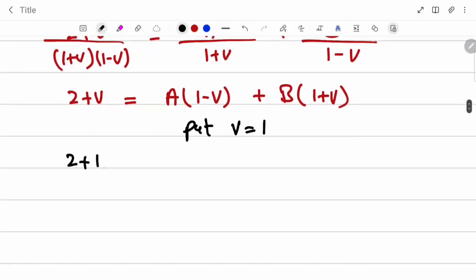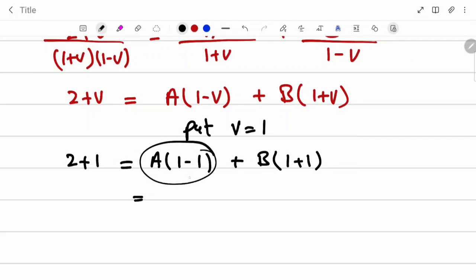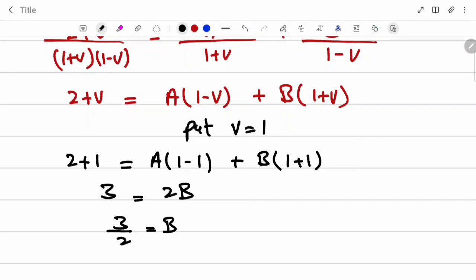So, we have 2 plus 1 equals a(1 minus 1) plus b(1 plus 1), and a is eliminated because 1 minus 1 becomes 0, so that becomes 2b. There we have 3, so 3 by 2 equals b. This is the value of b.